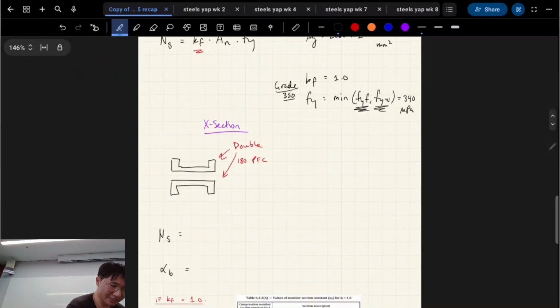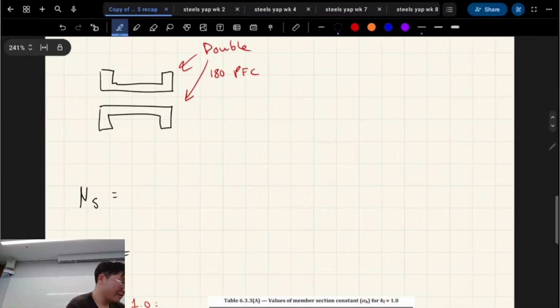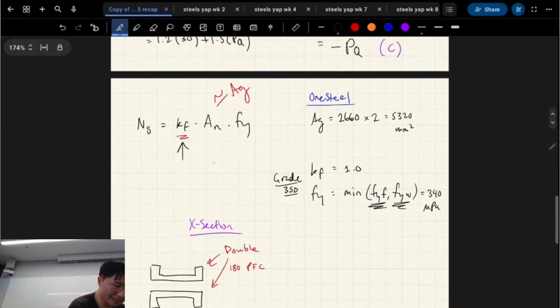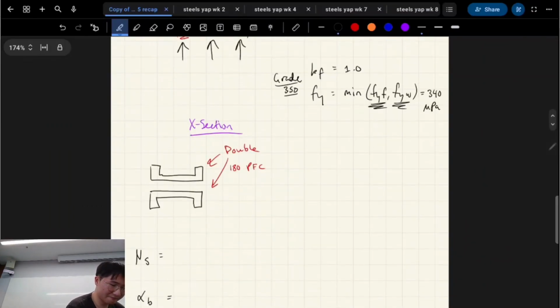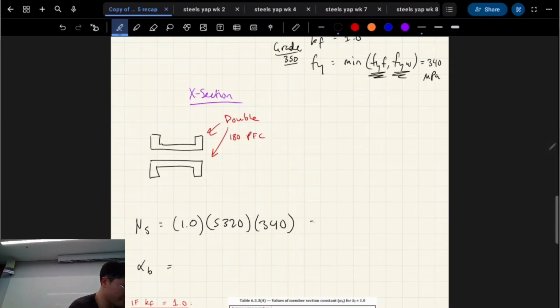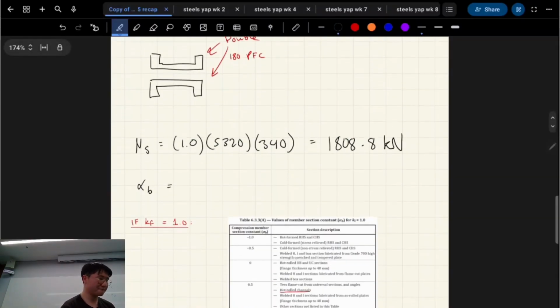So yeah, that's all the stuff that we had to grab. So we just plug in that. We get 1 for KF. We get the area. We get the yield strength. And again, I'm just going to jump straight to kilonewtons. That's our section strength in kilonewtons, right?